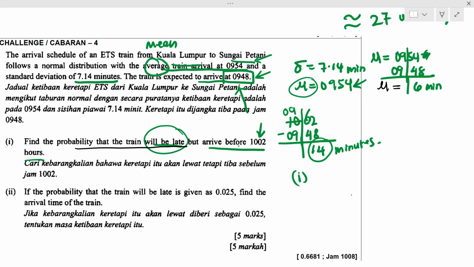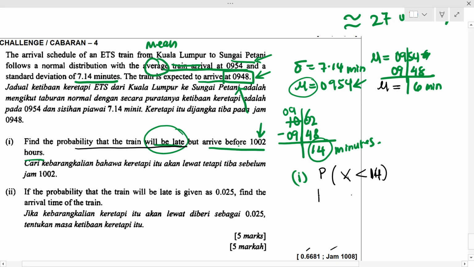But arrive before 10 hours. Okay. So I also don't know where I took this question from. I cannot check. I only noticed the final answer. Okay. Right. Probability. Before 10 means your X is actually before 14 minutes, I guess.